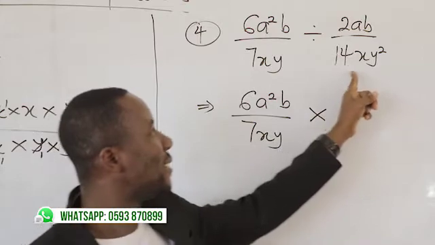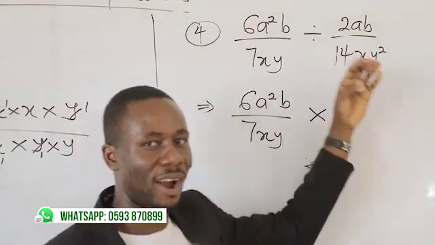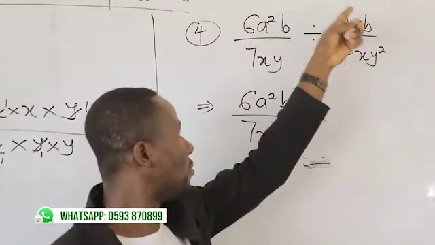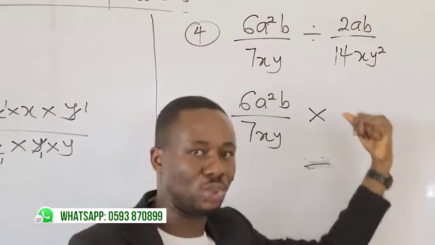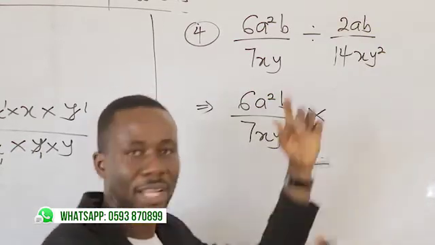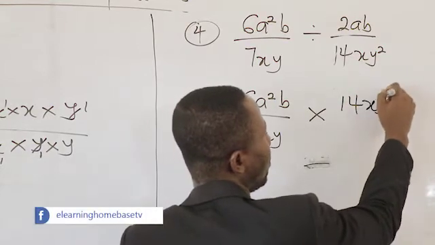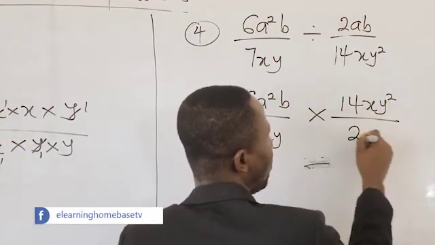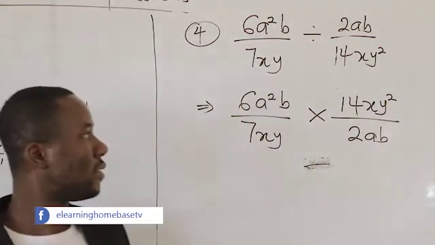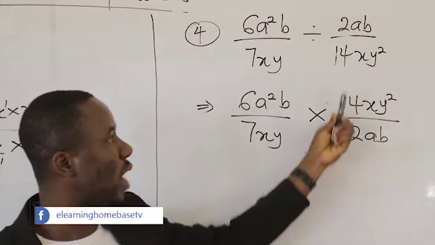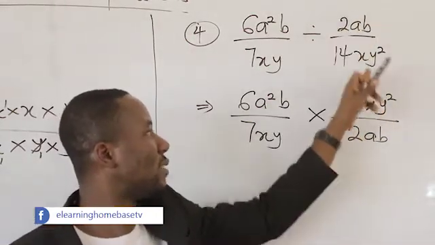And then reciprocate the divisor here, meaning I'll take the denominator to where the numerator is, and then take the numerator, bring it to where the denominator is. So I'll turn it upside down. Good. So I've reciprocated the divisor here.